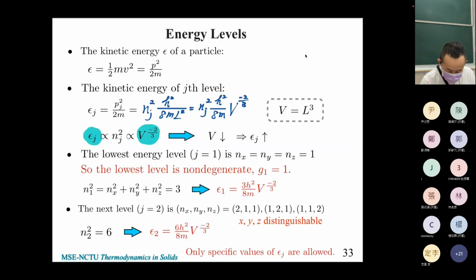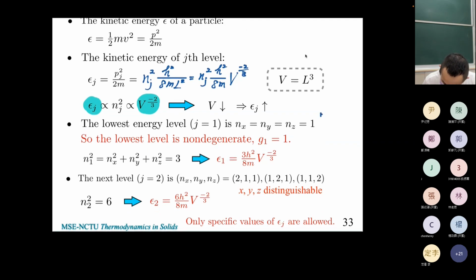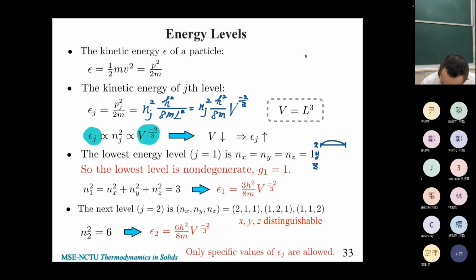So nx, ny, nz are all 1, and X looks like this, and Y and Z all look like this.